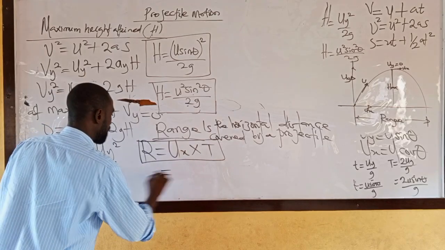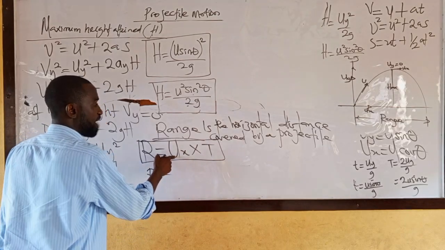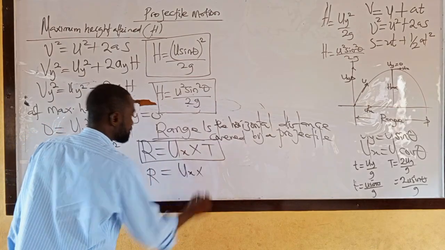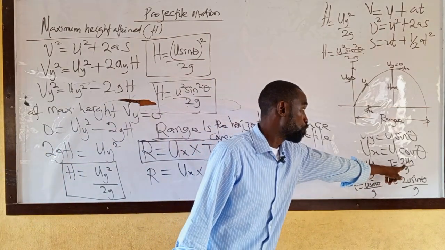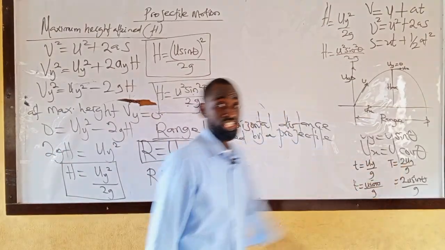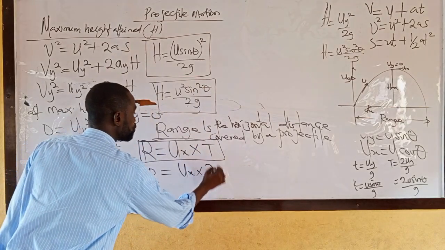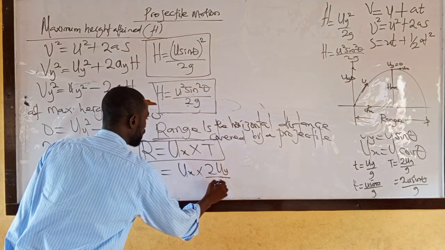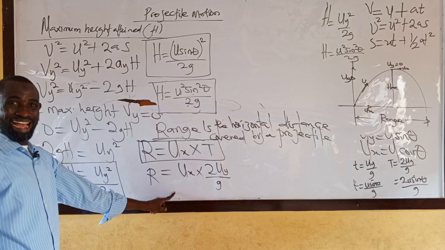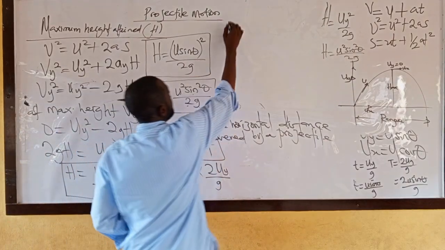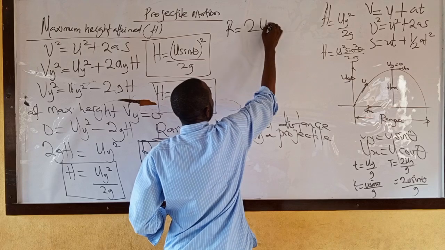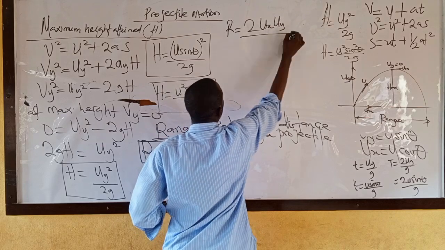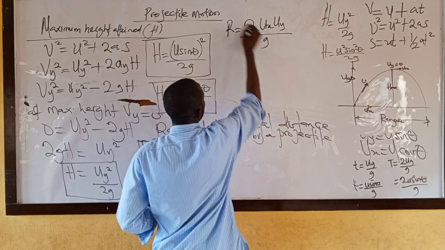If I explain this further, I have range equals u_x times time of flight. Time of flight is 2u_y over g. So when I combine this together, our range is equal to 2 u_x u_y all over g.